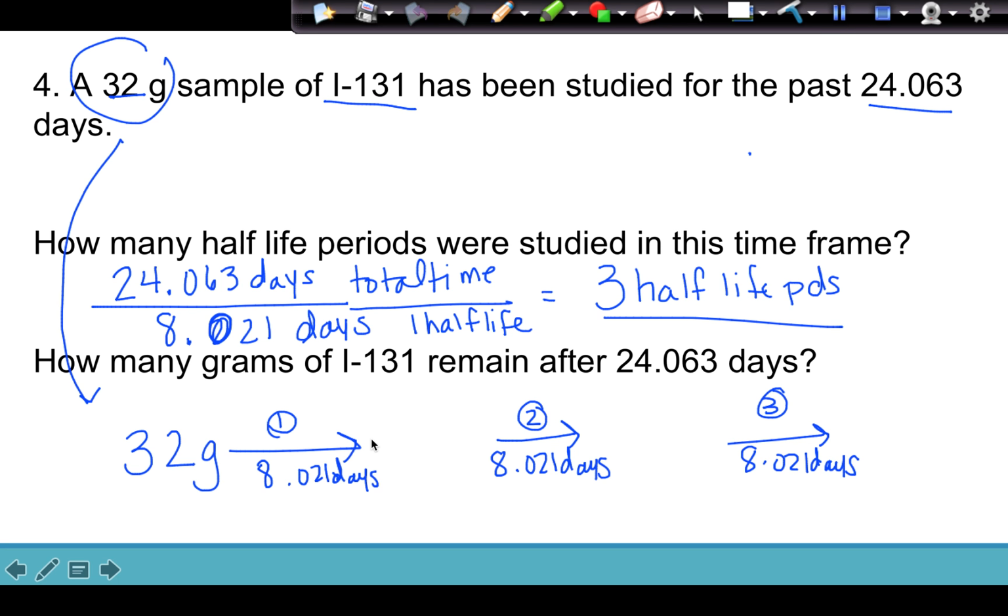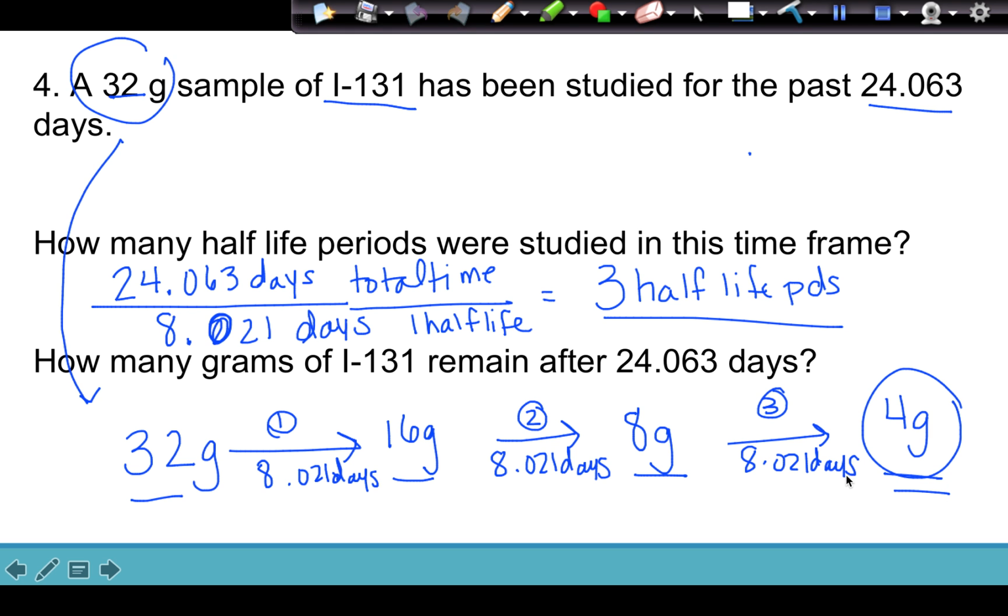So after the first 8.021 days, remember that the sample divides in half to 16. After the second 8.021 days, it divides in half again to 8 grams. And after the third 8.021 days, it divides in half to get to our final amount of 4 grams. So after 3 half-life periods, the 32 divided in half to 16, divided in half a second time to 8, divided in half a third time to 4 grams.